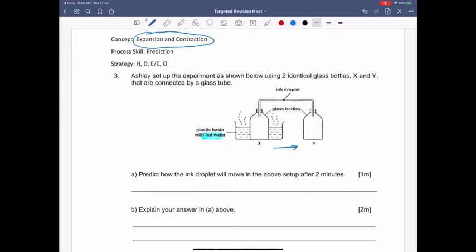So in the first question, they asked you, predict how the ink droplet will move in the above setup after 2 minutes. Now, whenever they ask you to predict, once again, you need to draw on your prior knowledge. And this time round, your prior knowledge and your concept would be on expansion and contraction. When they ask you to predict a movement, always use a point of origin.